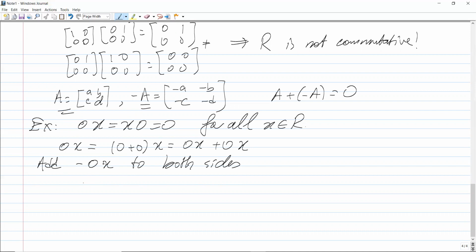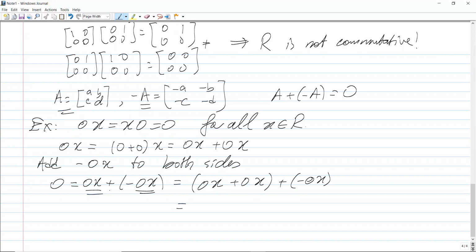What do we get? 0x plus minus 0x is equal to 0x plus 0x plus minus 0x. And the left side is equal to 0 because that's the additive inverse of this 0 times x.